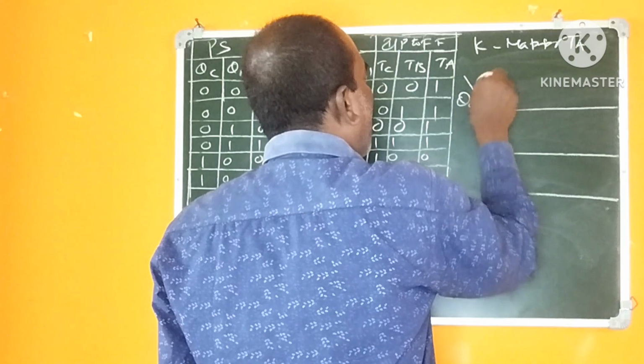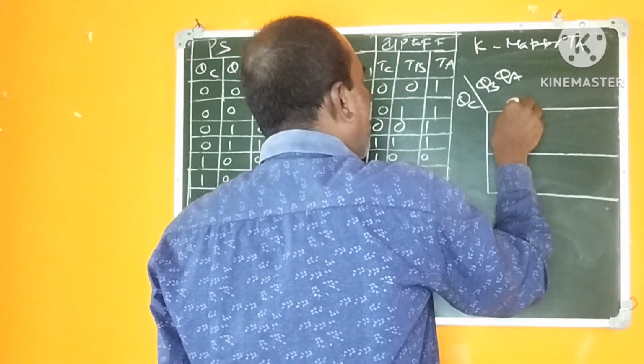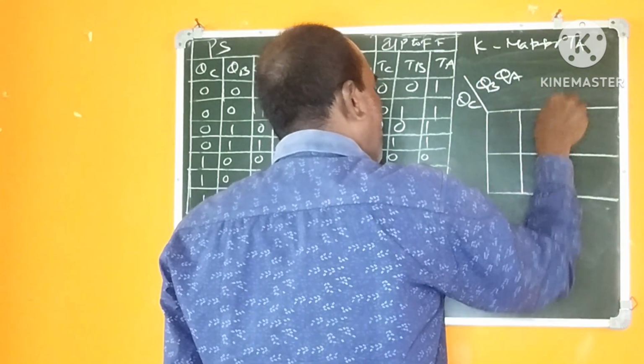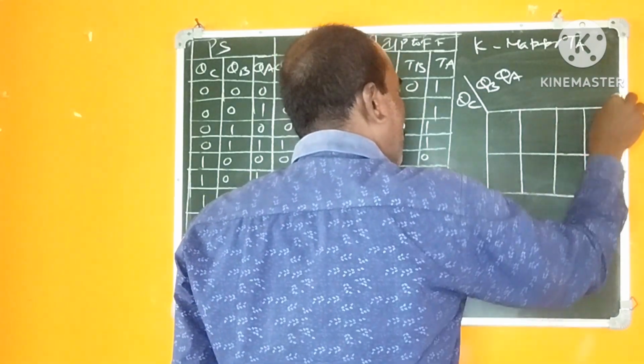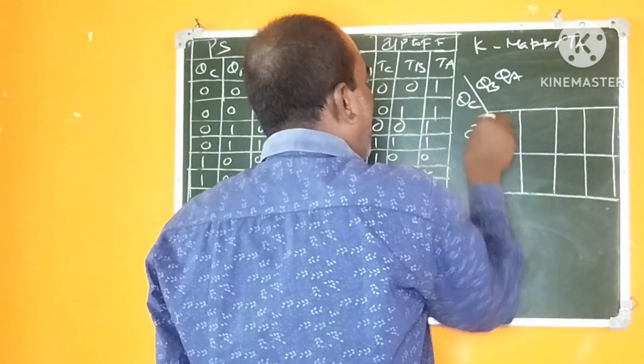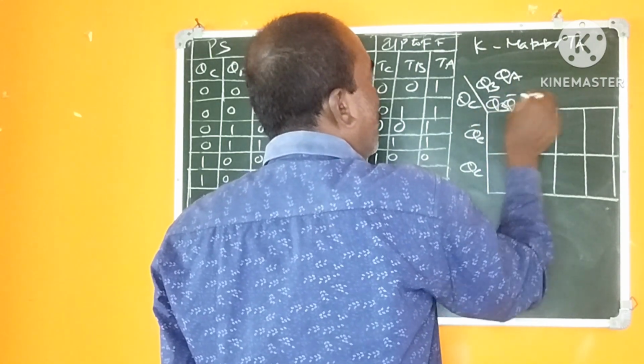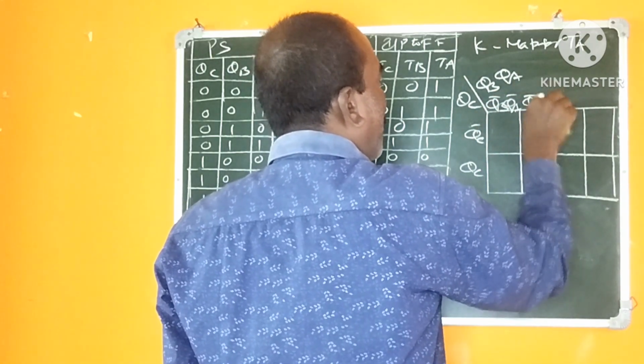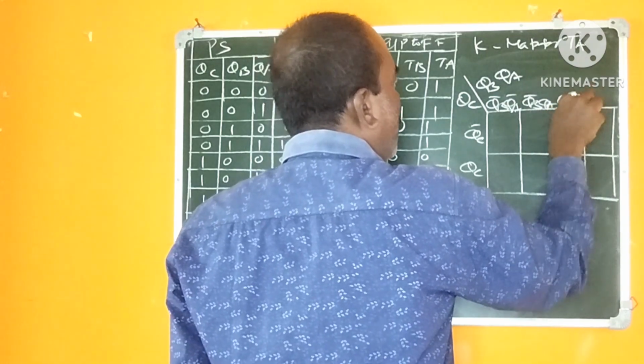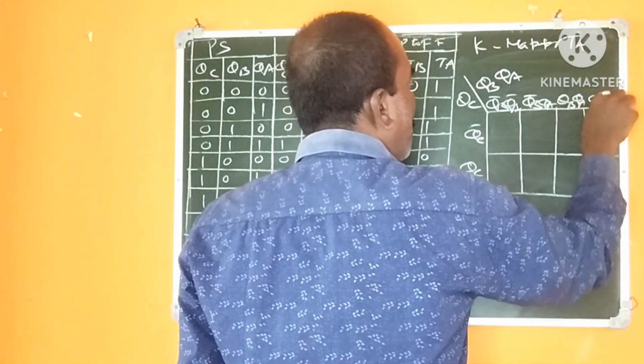It is QC and this one is QB, QA. It is QC bar and this is QC. It is QB bar, QA bar, 0, 0, 0, 1, QB bar, QA. It is QB, QA and this one is QB, QA bar.